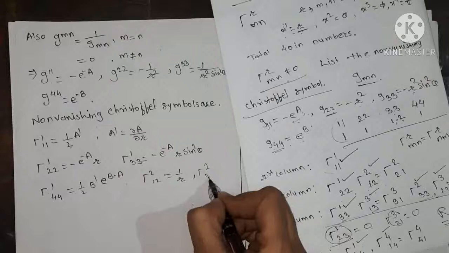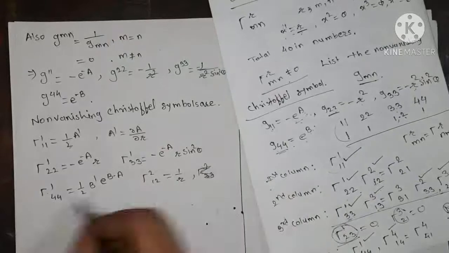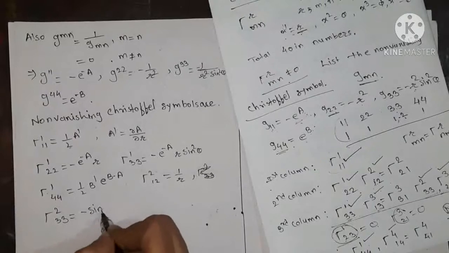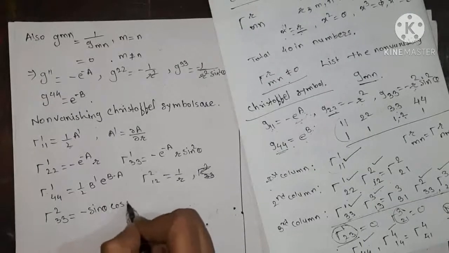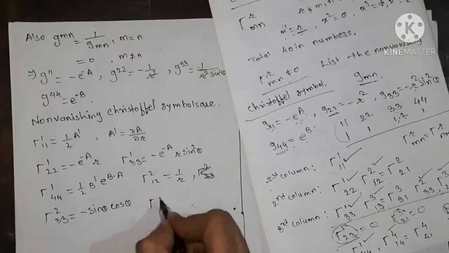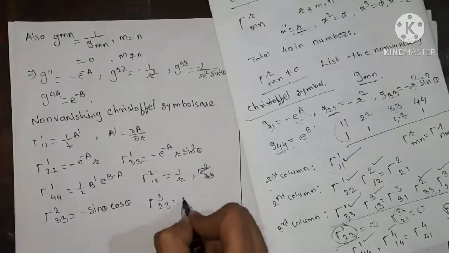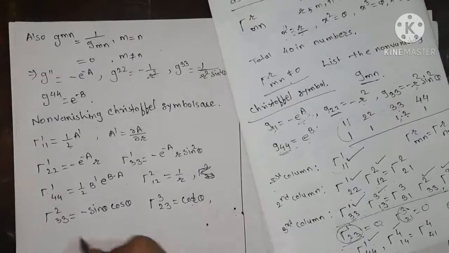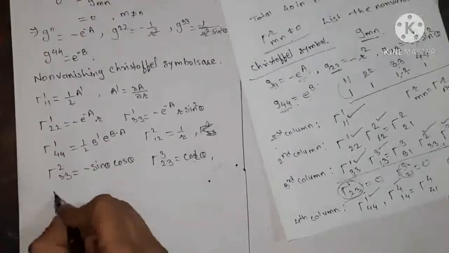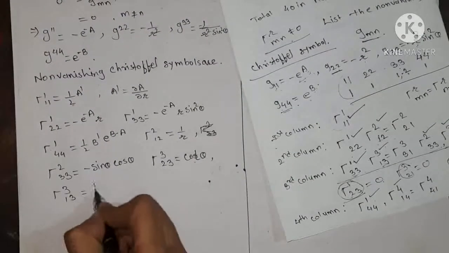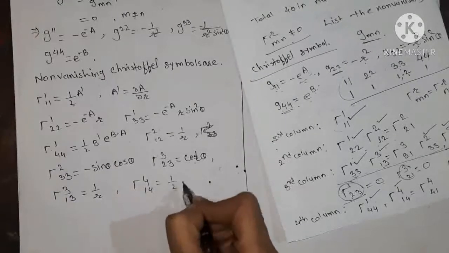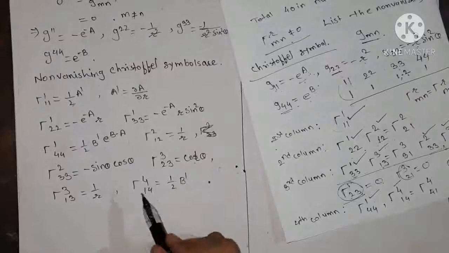Gamma of 2,3,3 equals minus sine theta into cos theta. Gamma of 3,2,3 is equal to cot theta, gamma of 3,1,3 equals 1 upon r, and gamma of 4,1,4 equals 1 upon 2 b dash.